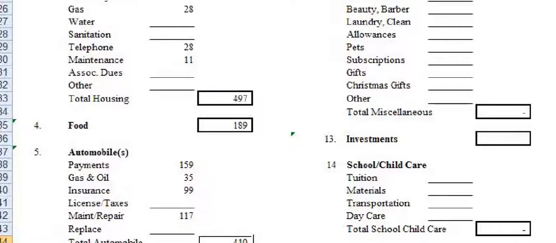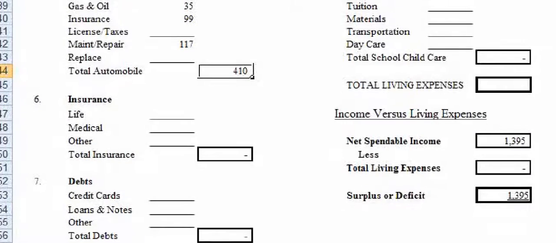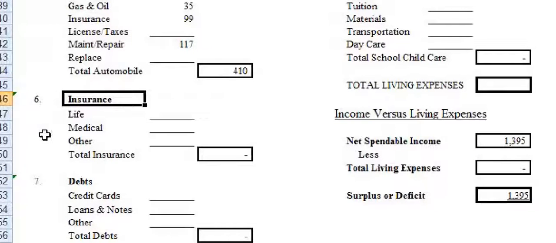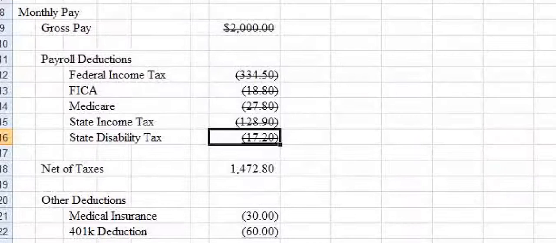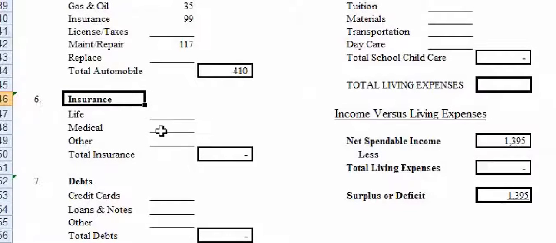Moving down the form again, we get to where we can see insurance and debts. The only insurance that Joe has is co-paid to his employer. It's found on the listed income under other deductions. This is struck out and entered on the blank form under insurance and next to medical.